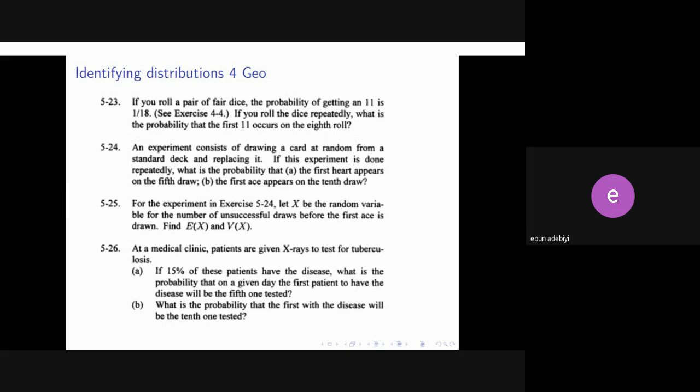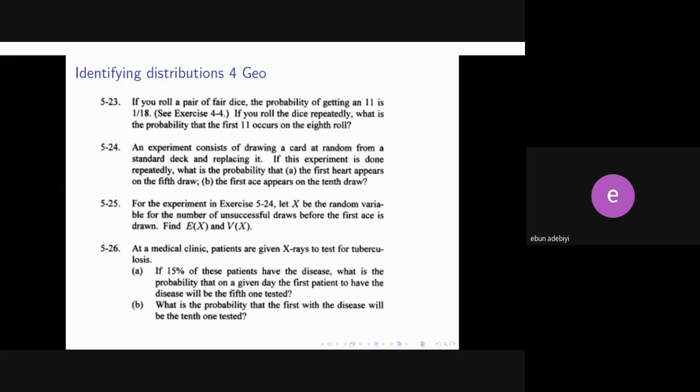I look at the fact that it's replacing. That's why I felt that whatever we pick, we always put it back. If it's not replacing, that's where we have to consider the composition of the standard deck, because then we have to subtract and consider what is remaining.